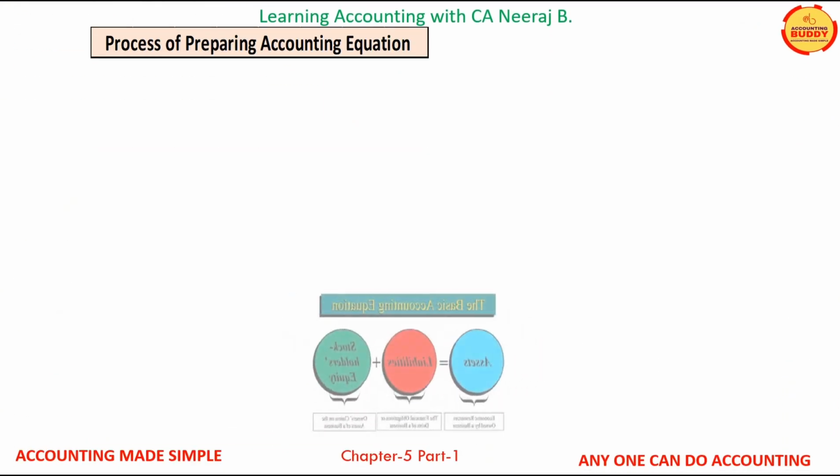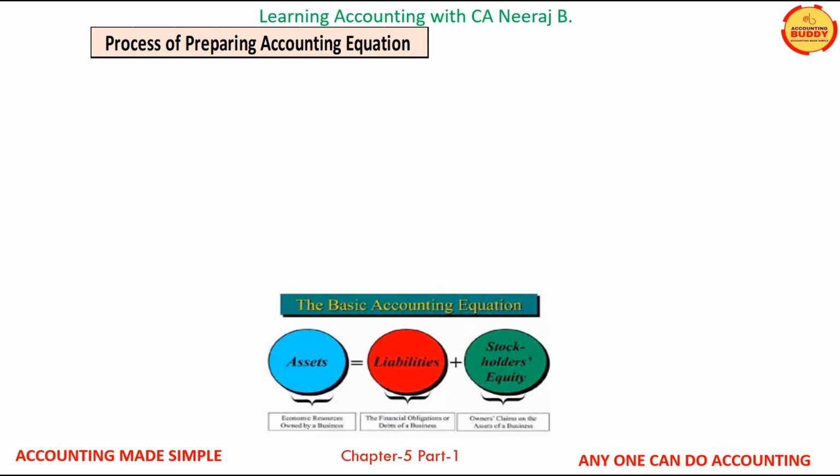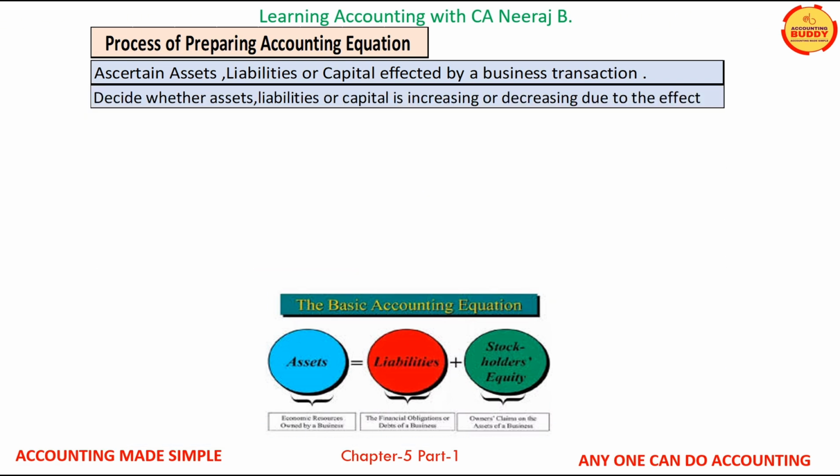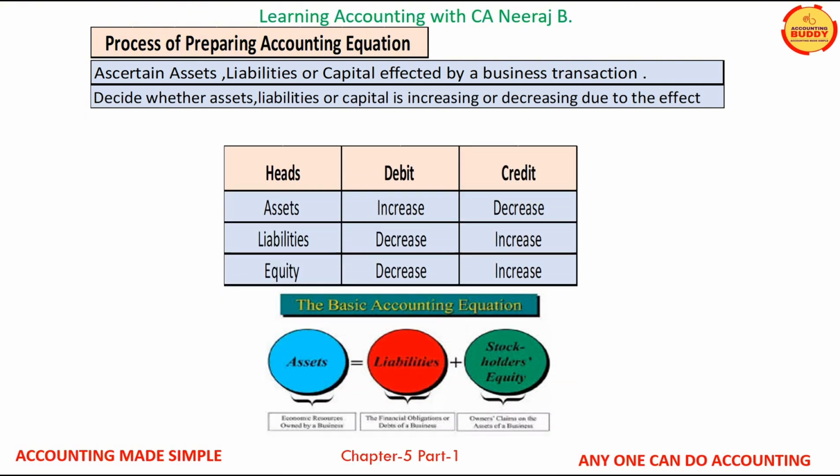In this slide, we will learn the technique of preparing an accounting equation from a business transaction. First of all, analyze the business transaction to find out the effect of the transaction on the movement in the value of assets, liabilities, or capital of the business. Figure out whether the transaction effect will result in an increase or decrease in the value of assets, liabilities, or capital.